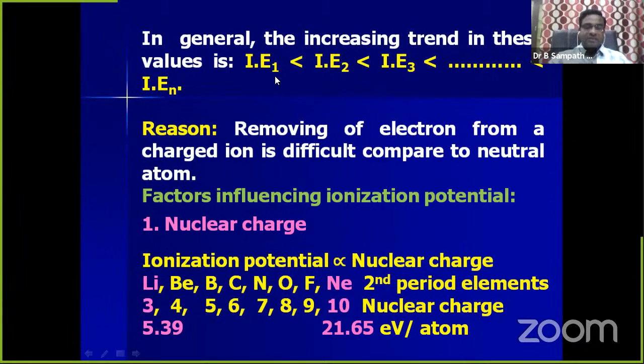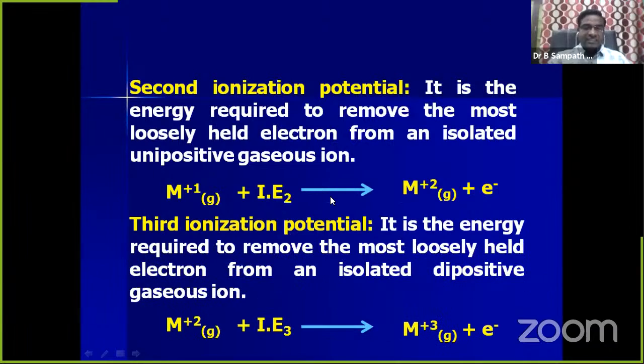Because here in ionization energy 2, we are removing the electron from the unipositive ion. Here unipositive ion means, what does it mean? It is having one proton in excess compared to the electrons.